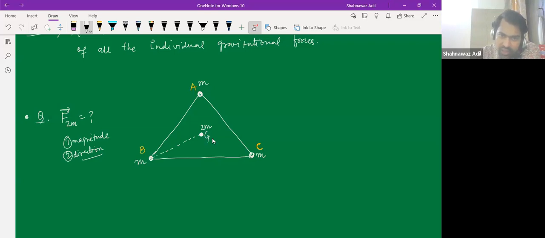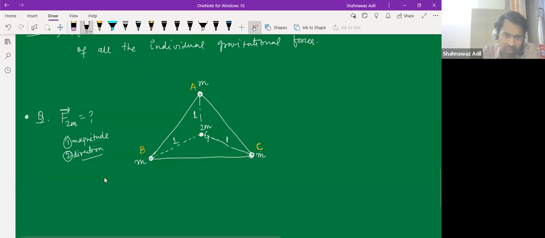All these distances are equal, and it is given that this is 1. So we have to find out F2m. There would be a force applied by this mass, by this mass, and by this mass. So there are 3 forces.